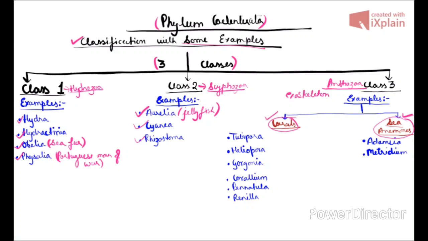So we can say this division has taken place on the basis of with or without exoskeleton. The corals consist of a calcareous exoskeleton, whereas the sea anemones are without exoskeleton.